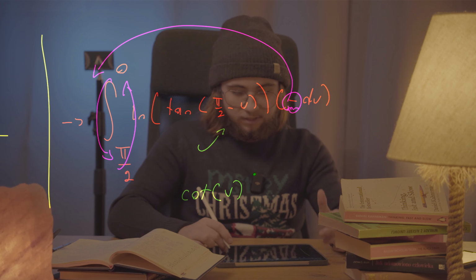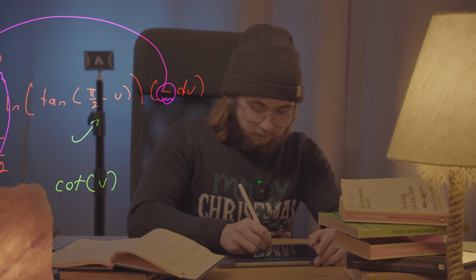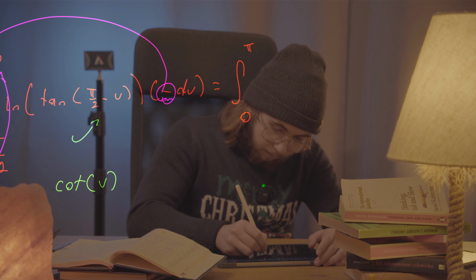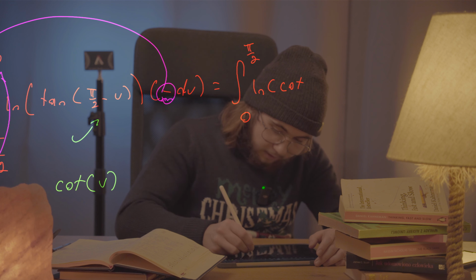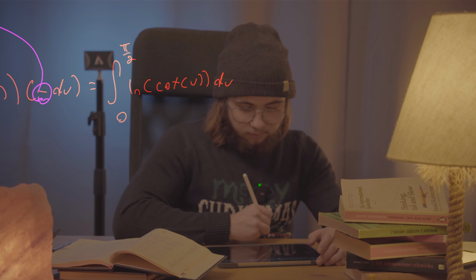And so we're going to rewrite this entire thing as the integral between 0 and pi over 2 of the natural log of the cotangent of u. That's all going to be with respect to positive du right now.